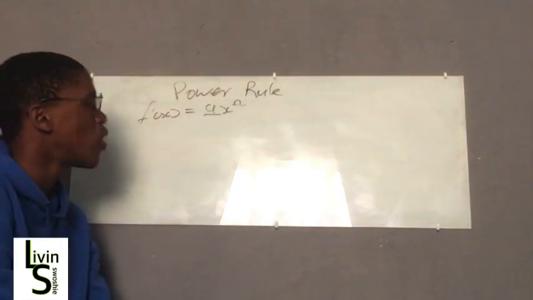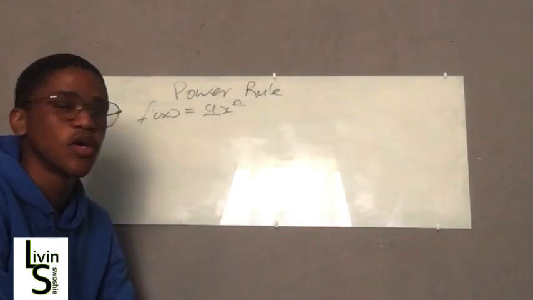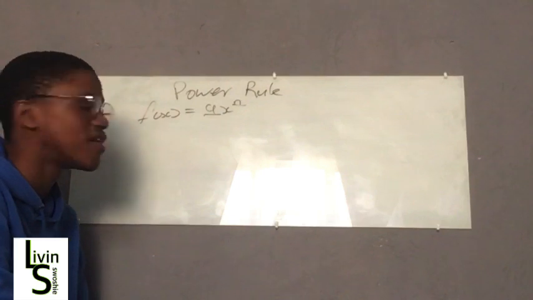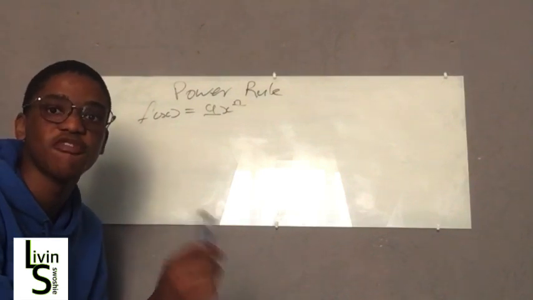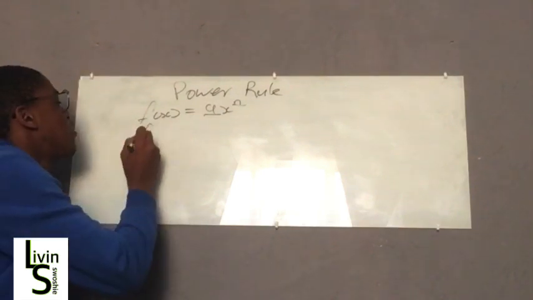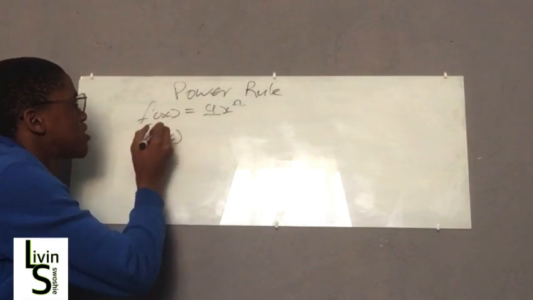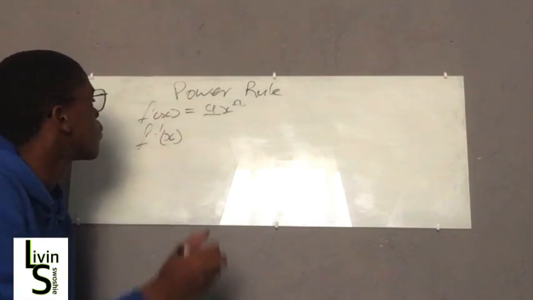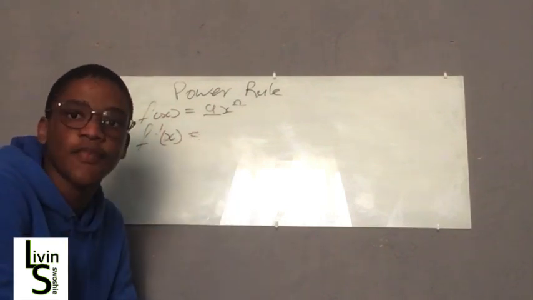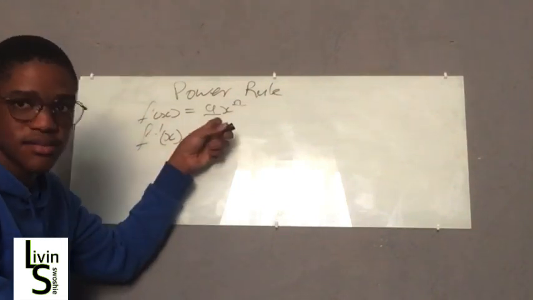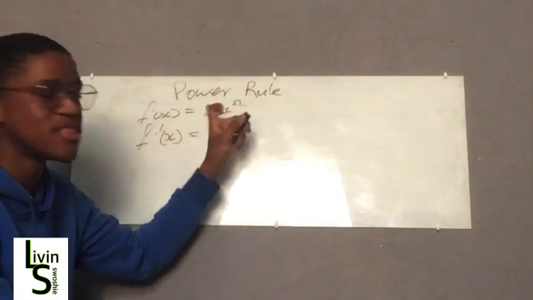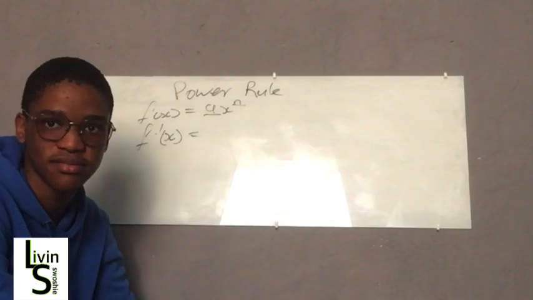Okay, so when you're deriving, you want the f prime of x. So you want f prime of x. This is what that means. So when we're deriving, we say base times exponent and then exponent minus 1. Let me repeat that.